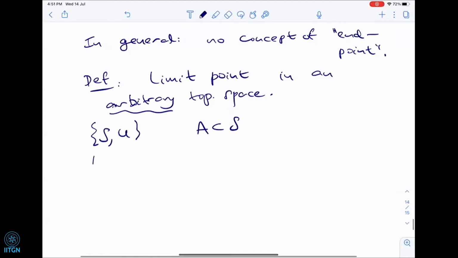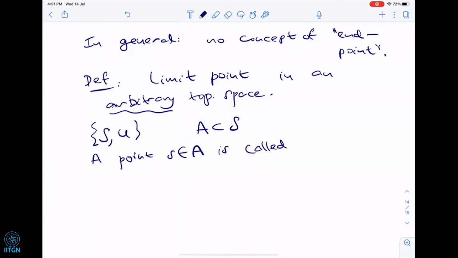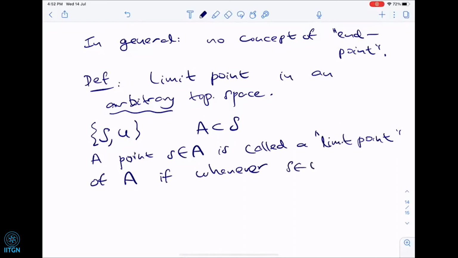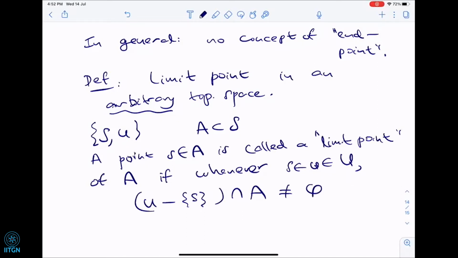Okay, now I'll say that a point small s in A is called a limit point of A if, whenever s is in some open set U in U, the following condition is true: that U minus this point has a non-trivial intersection with A. Okay.